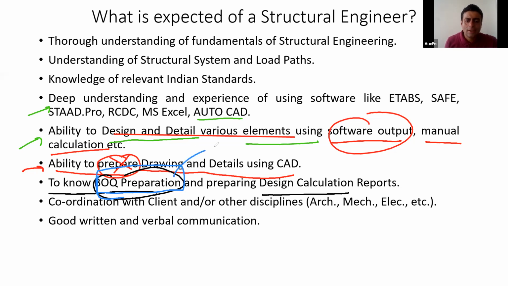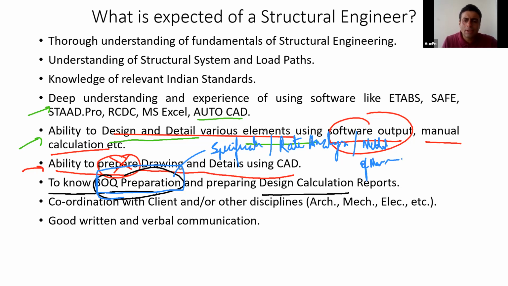You should understand about the specification of each item. You should understand about the rate analysis. You should understand about the methods of measurement of a particular item. So all these things also, as a structural engineer, you should understand. Generally in engineering, we are taught, I think, one or two subjects based on this.